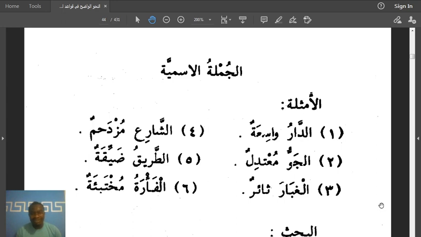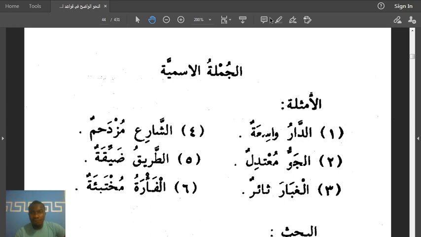Yaskutu athalju. So athalju is snow, it is ice. That's why we call the fridge athalaja, from thalj. Okay, so now let's go on with today's business.